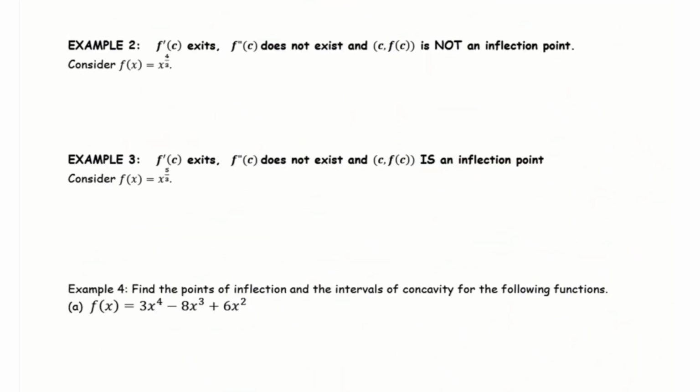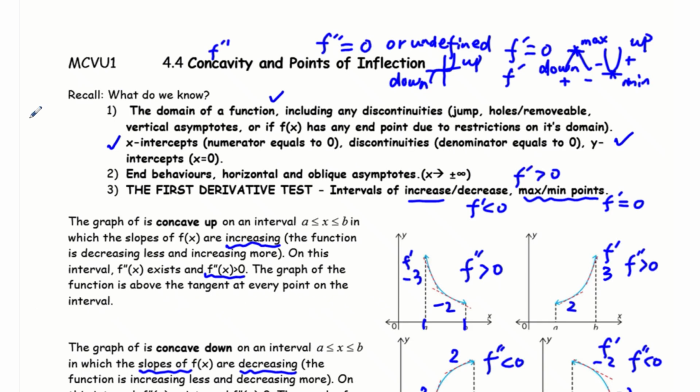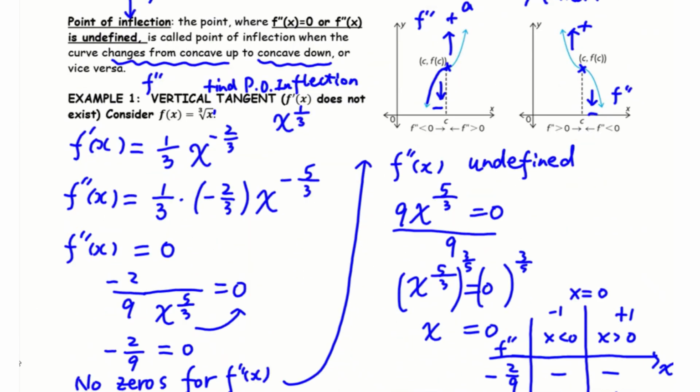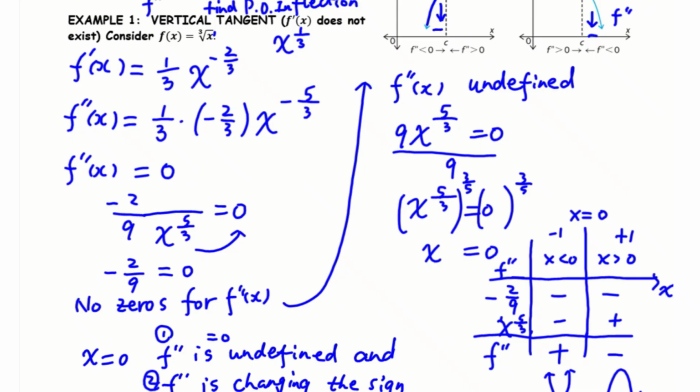So example 2. F prime exists, but f double prime doesn't exist. For this case, f at C is not an inflection point. So we go back, we need to find the y value because this is only the x value.